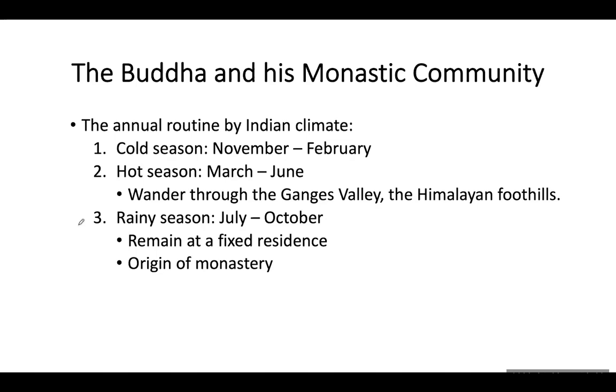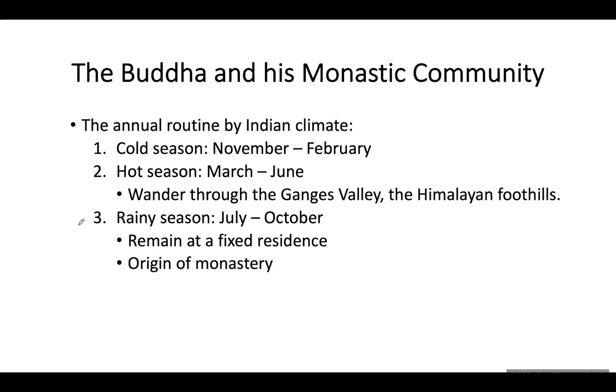The Indian climate divided the year into 3 seasons. The cold season is from November through February, and the hot season from March through June. During the cold and hot seasons, the Buddha wandered through the Ganges Valley or the Himalayan foothills.